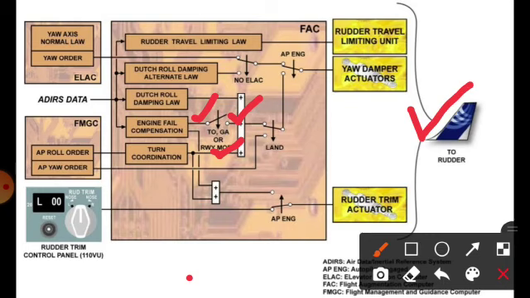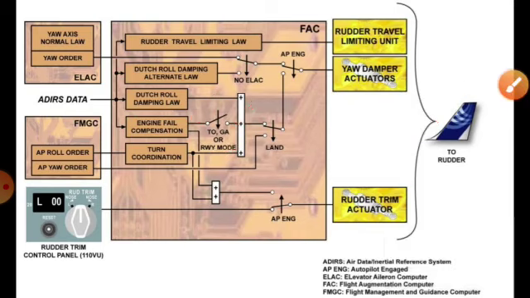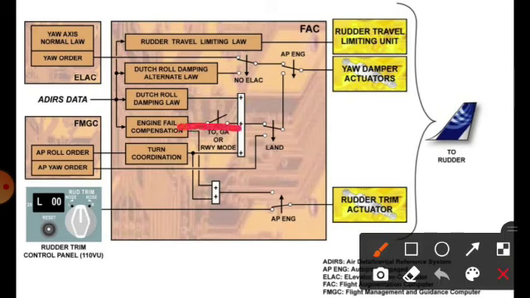Also in go around mode, when the aircraft is going around, same, in case of single engine failure, it controls the rudder. Also in runway mode, these three functions are available here to the yaw damper actuator through the ELAC.